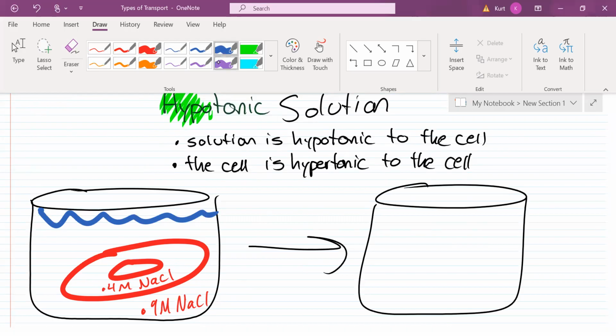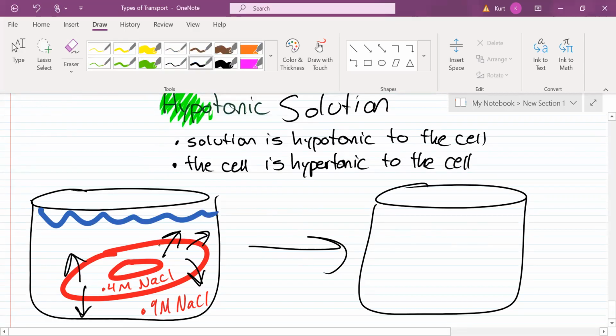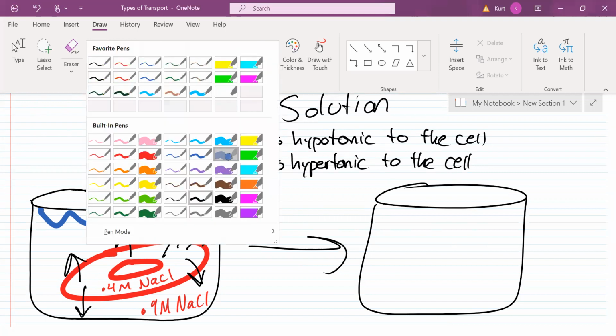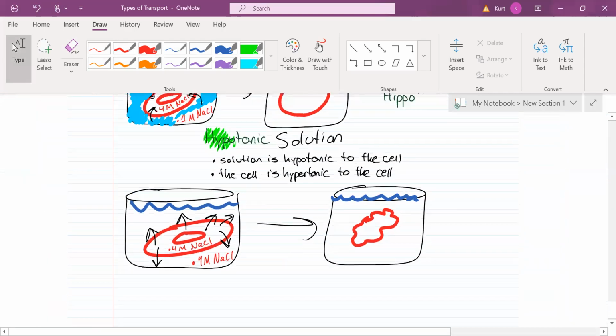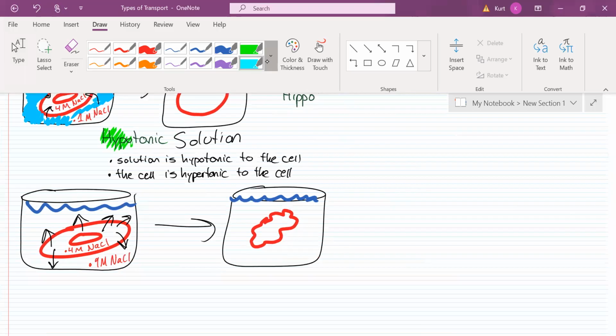And so water is going to diffuse out of the cell towards the solution. What effect does this have? Well, water is going to cause the water level to rise, and that is also going to cause the cell to shrivel up. This is known as being a hypertonic solution.